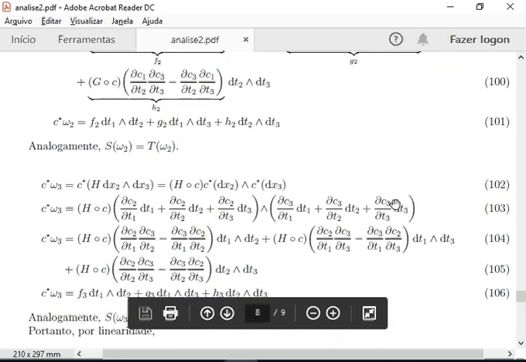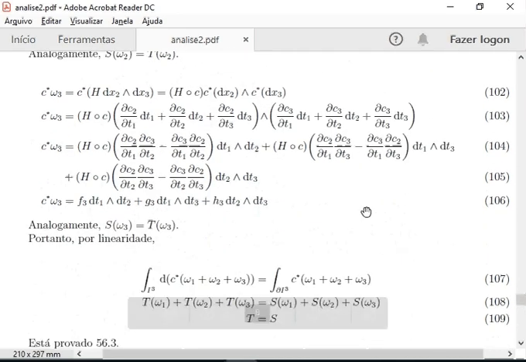And we shall repeat for omega 3. The pullback of C omega 3 is pullback of C dh dx2 wedge dx3.